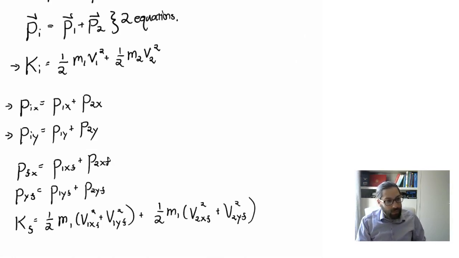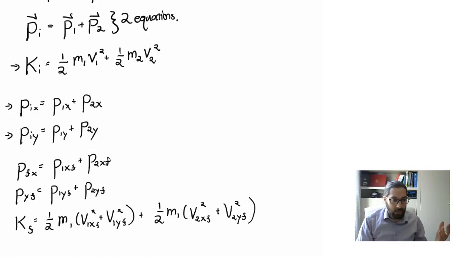Okay, so my unknowns are the velocity of object 1 in x, the velocity of object 1 in y, the velocity of object 2 in x, and the velocity of object 2 in y, right?